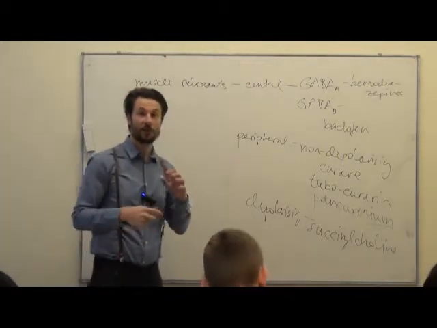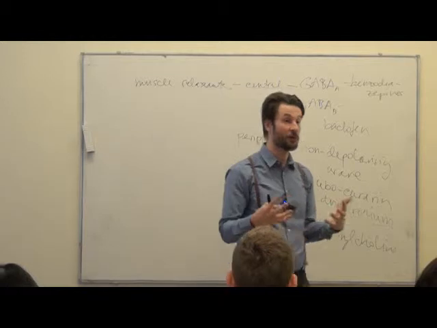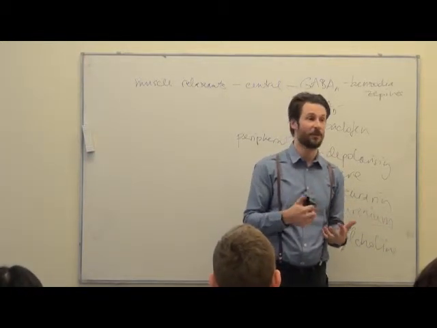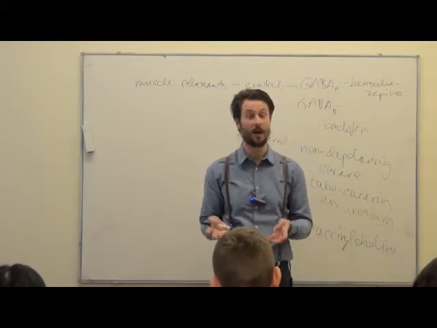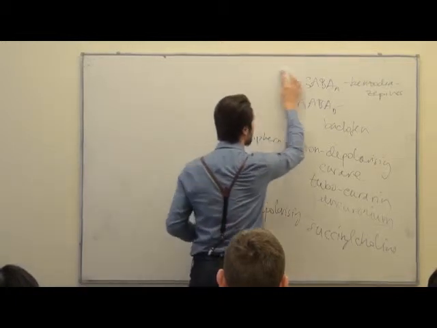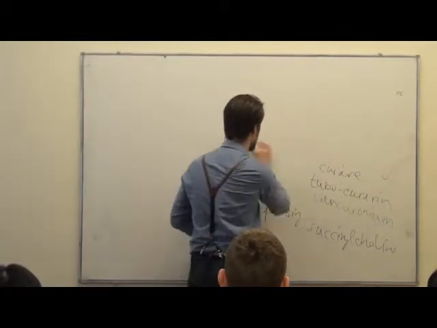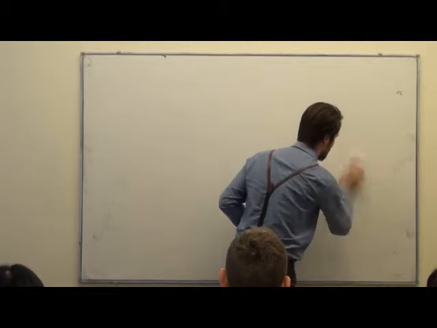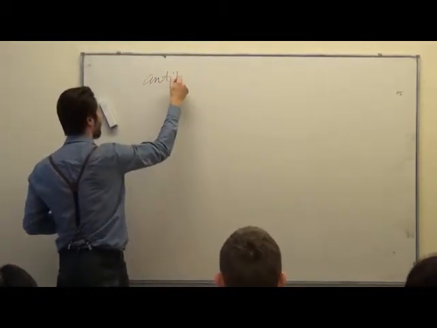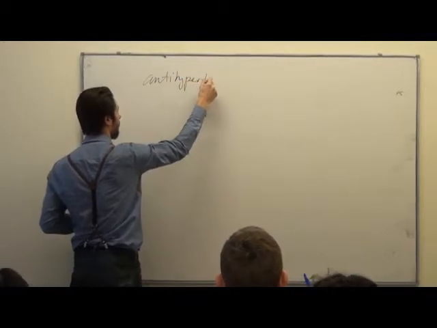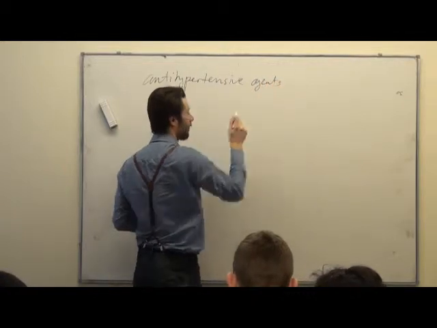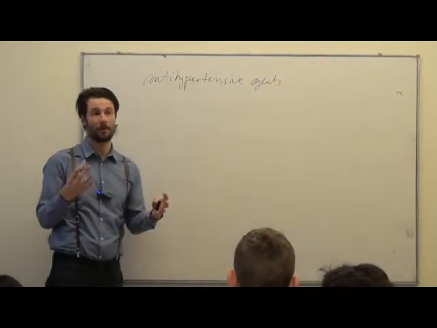Probably the largest group of drugs that are used to treat cardiovascular disorders are antihypertensive agents. So those are drugs that treat high blood pressure, okay? Hypertension means high blood pressure.